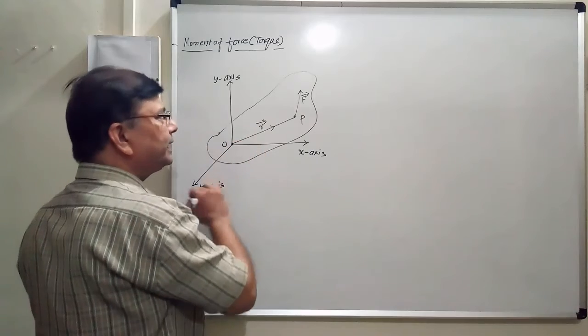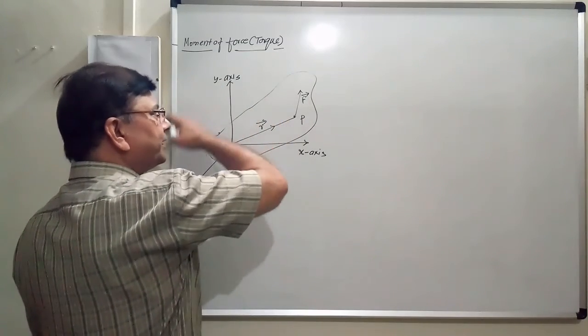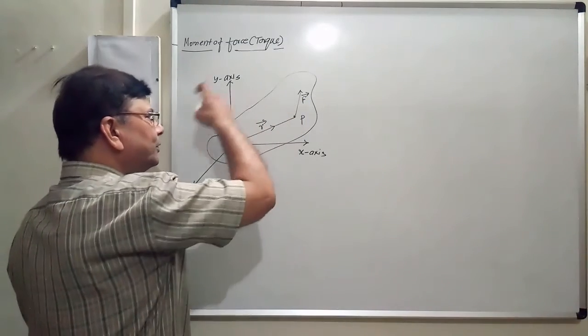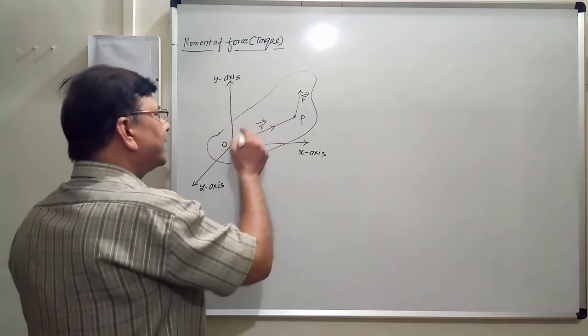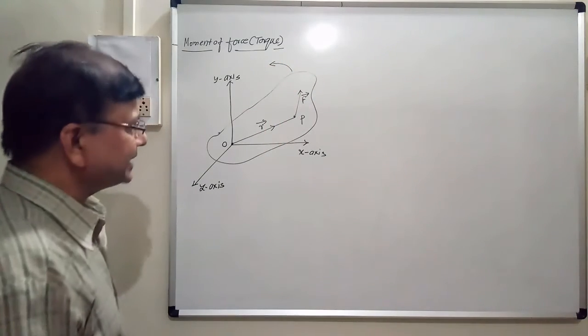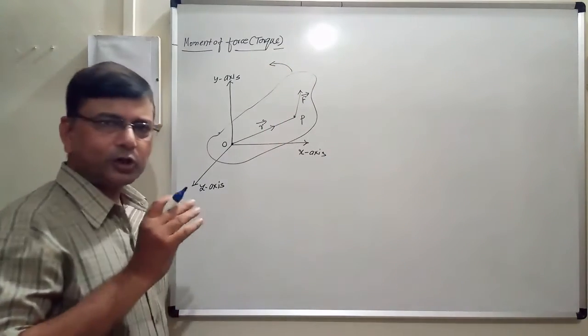If the axis is over here, it will try to rotate. If the axis is fixed, this force will try to rotate, right? Rotation will be in this direction. So what is the torque?